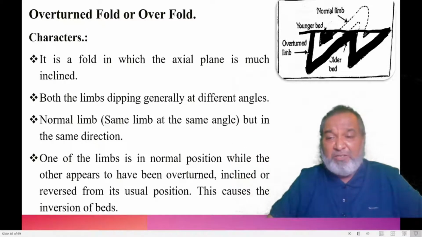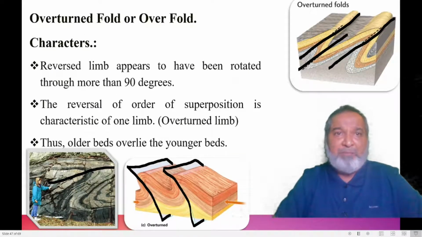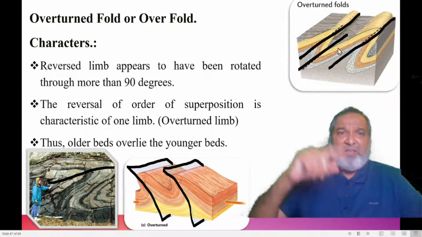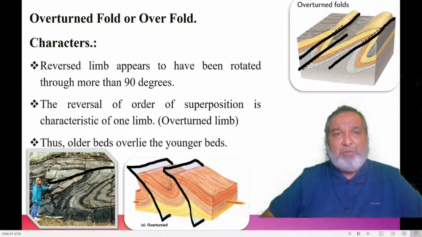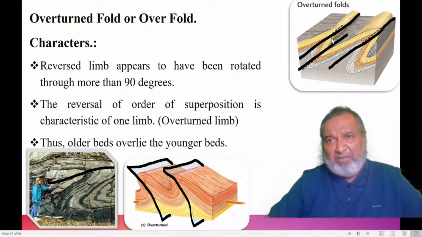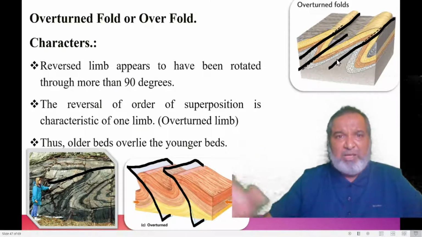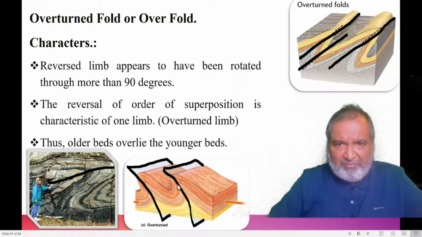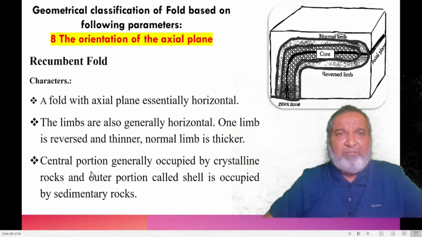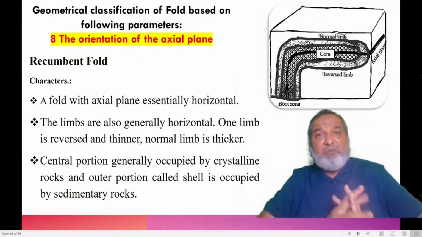This is the inversion of the beds. You can see here how this reclined fold has taken place. The reverse limb appears to have been rotated through 90 degrees, and now all these axial planes are more or less parallel together. As you can see here, these have been shown properly. Yes, the diagram is also shown. The next is the recumbent fold.